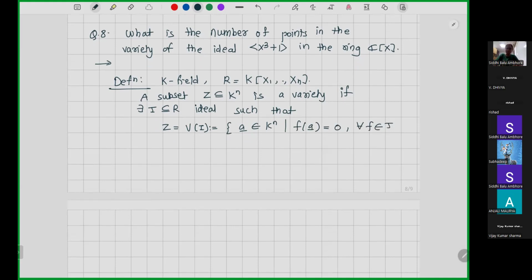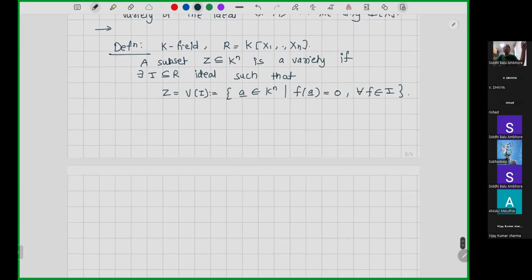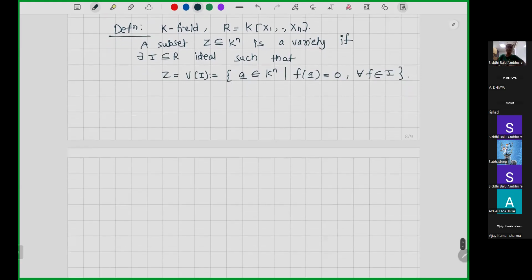Yes, it is 3 because C is anyway an algebraically closed field and we have a polynomial here. But they are asking about the points in the variety, so we have to check with respect to multiplicities. So 1 is surely there, minus 1 is there.